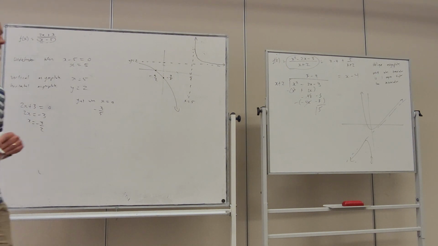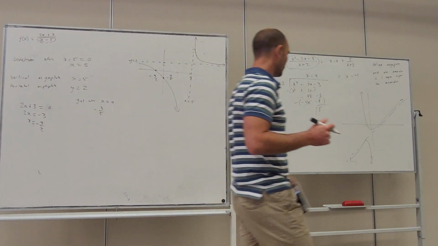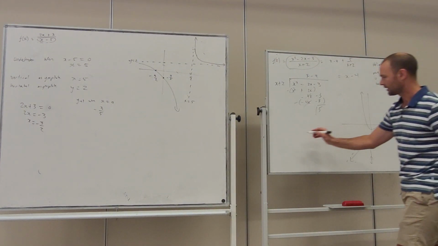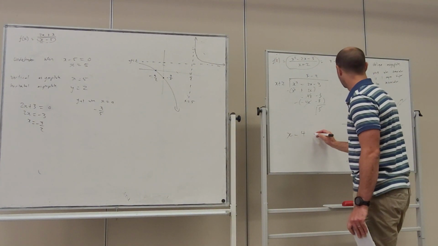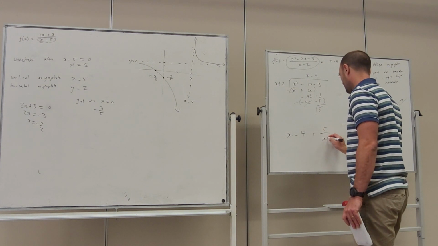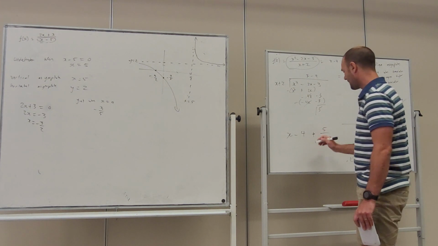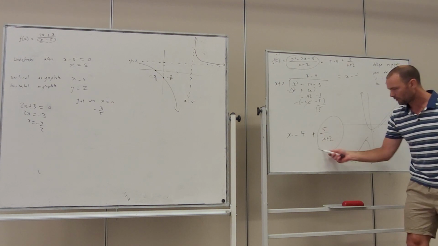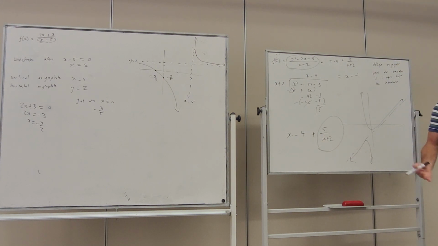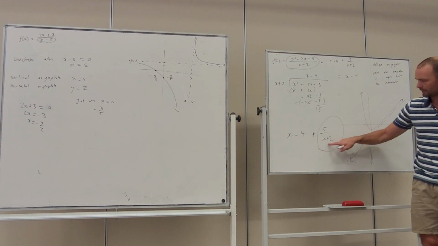Okay, now let's explain what's going on here as well. I have it in this form, x take 4 plus 5 on top of x plus 2. Now let's talk about what happens to this component as x approaches positive infinity. As x approaches infinity, we have 5 divided by an enormous number.